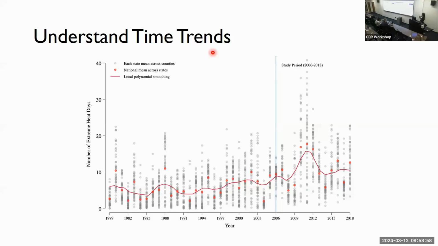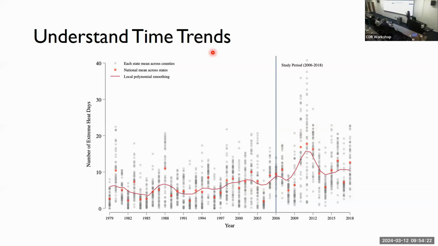If you draw a smooth line over there, you can see that it's generally increasing over time. The reason why I drew this graph is also to understand what's happening in my study period. I use the HRS from 2006 to 2018 for this project.